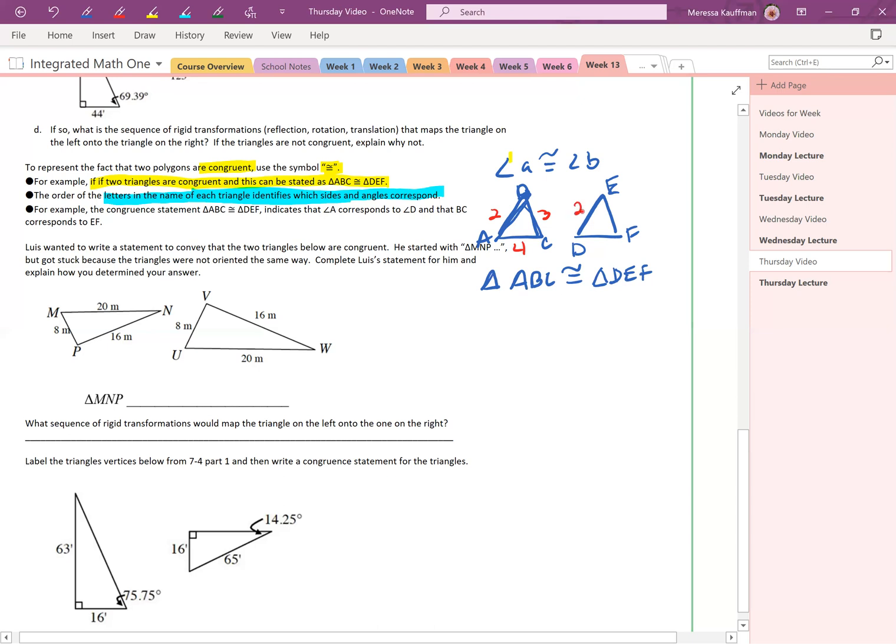This would also be side length 2, side length 3, and side length 4. So when I say these are congruent, A, B, C, I'm also saying D, E, F. I correspond those side lengths and the angles to identify each of the triangles.